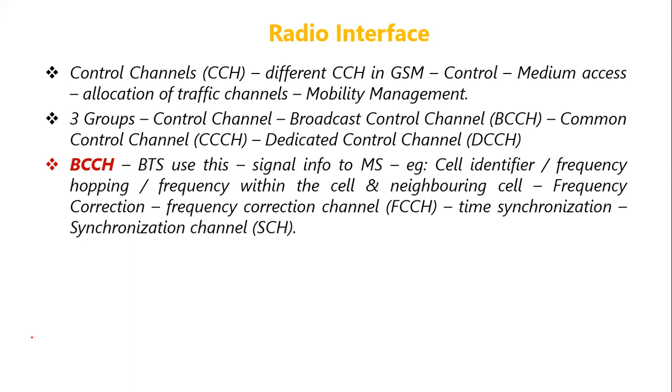That information also will be transmitted through the broadcast control channel, along with the frequencies available inside the cell and in the neighboring cell. So these types of information are sent by the BTS to the mobile station through this particular channel, BCCH.